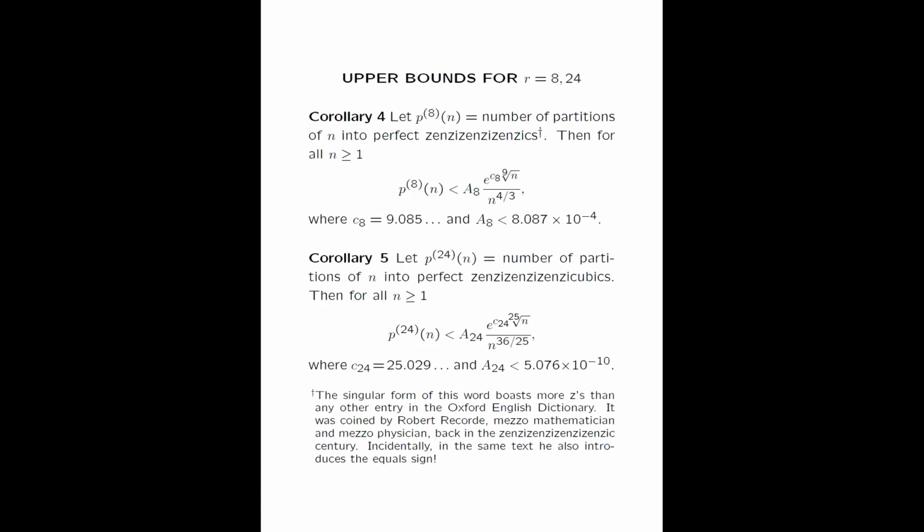Okay, if you're bored, you can read my footnote. It is the word that boasts the most Z's that's in the Oxford English Dictionary. And it was coined in the mid-1500s by a guy named Robert Recorde.